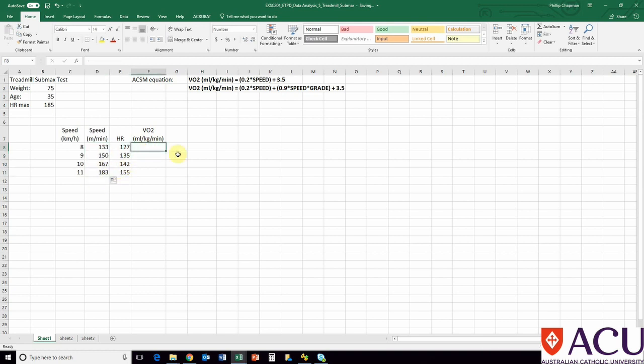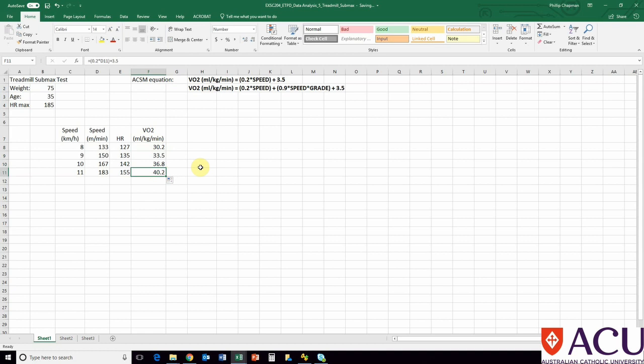Now we calculate the VO2. So VO2 in mils per kilogram is, we just use that ACSM equation, 0.2 multiplied by the speed plus 3.5. There we go, 30 mils per kilo and up to 40 for 11 k's an hour.